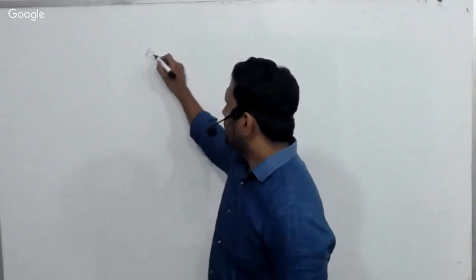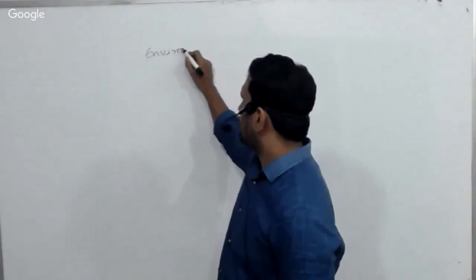Now, a very simple terminology that I will discuss with you. Generally we say that in our syllabus, what is the environmental issue? What is the meaning of environmental issue? Before knowing that, you have to separate the words.